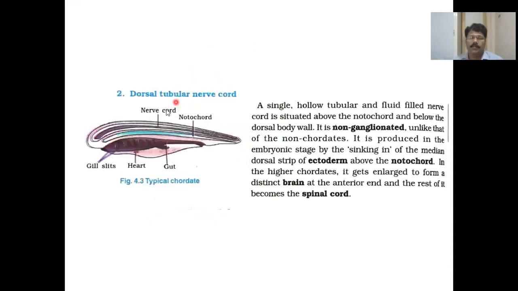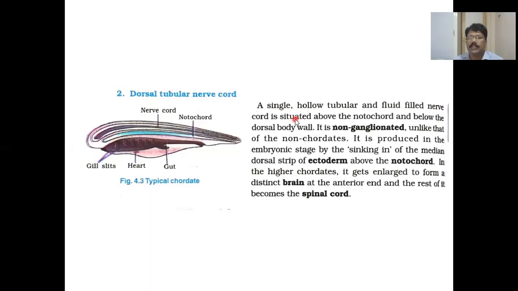And the second important character of the chordates is the dorsal tubular nerve cord. And we know this dorsal tubular nerve cord is above the notochord. So this is the nerve cord which is dorsal in position, and it is dorsal to the notochord.